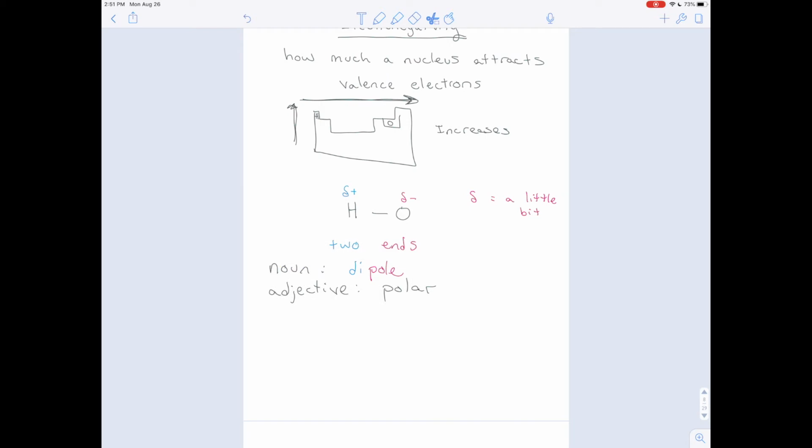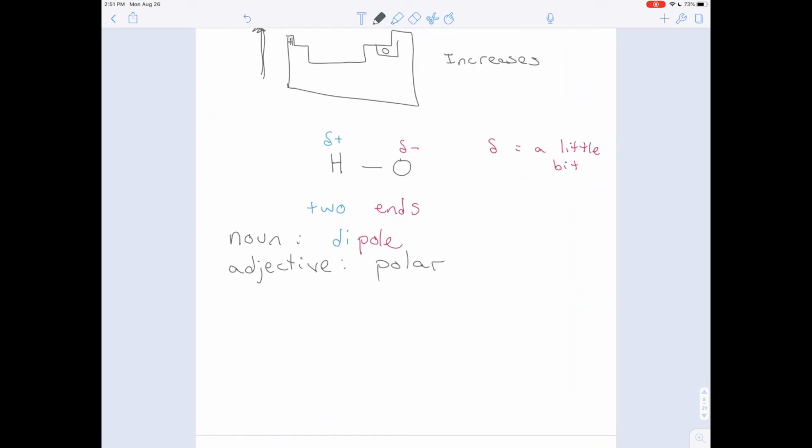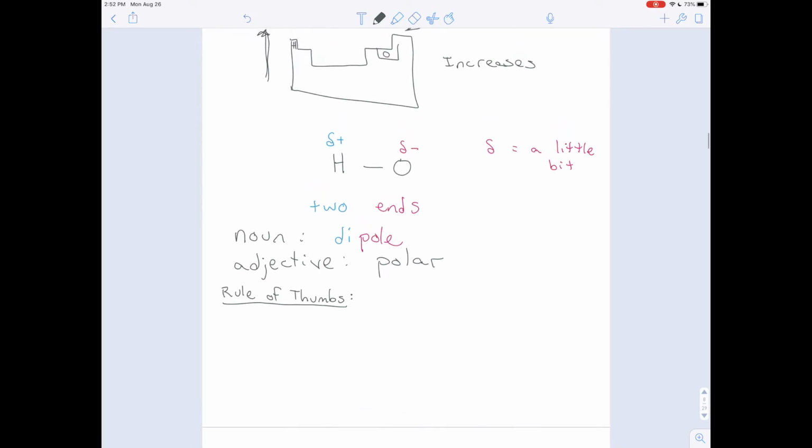So I think a natural question would be, how do you know when you have big differences in electronegativity? As a rule of thumb, and this is really just a rule of thumb, so there will be exceptions, but it's an important one: you'll have big differences in electronegativity either when you have really electronegative atoms or when you have really not electronegative atoms.